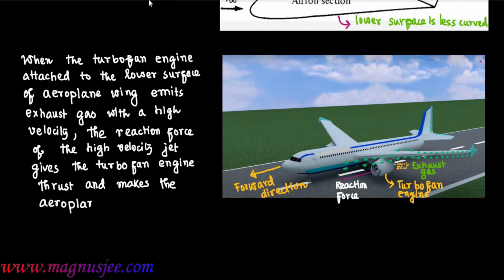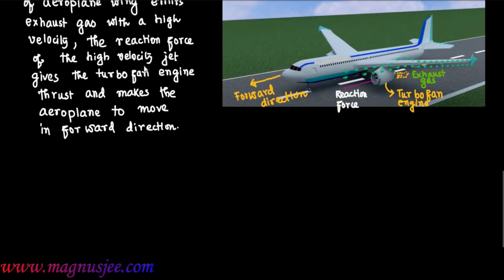This reaction force of the high velocity jet gives the turbofan engine thrust and makes the aeroplane move in the forward direction.